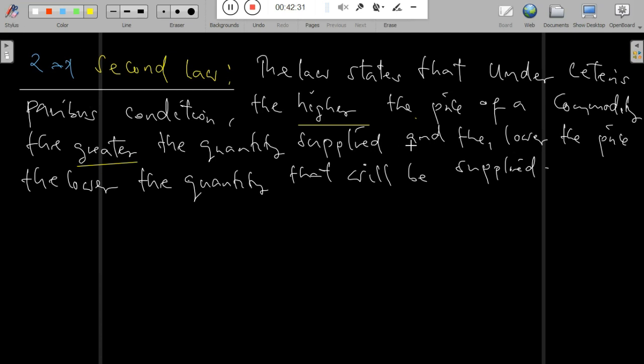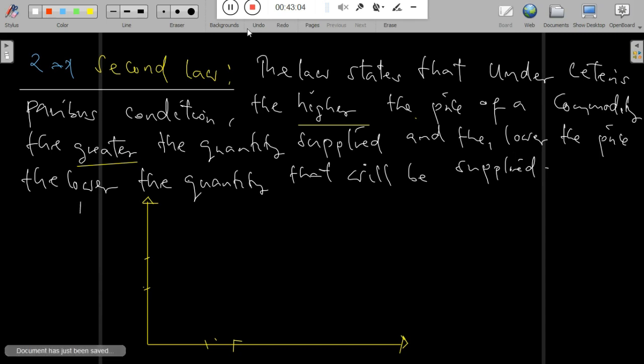So the graph would appear like this, and we have the price on the left hand side, and the quantity supplied.